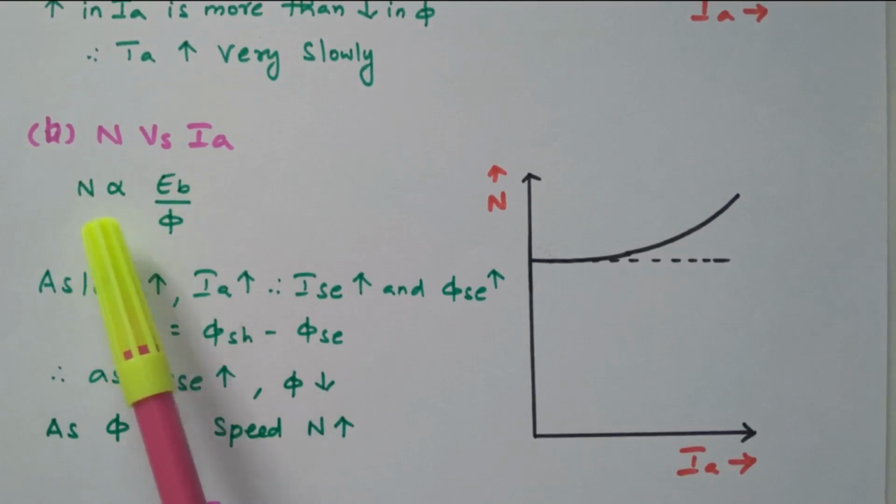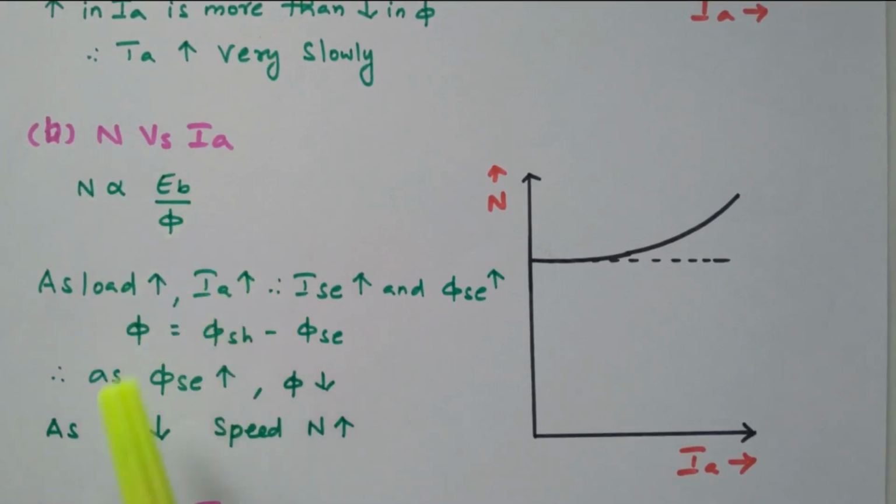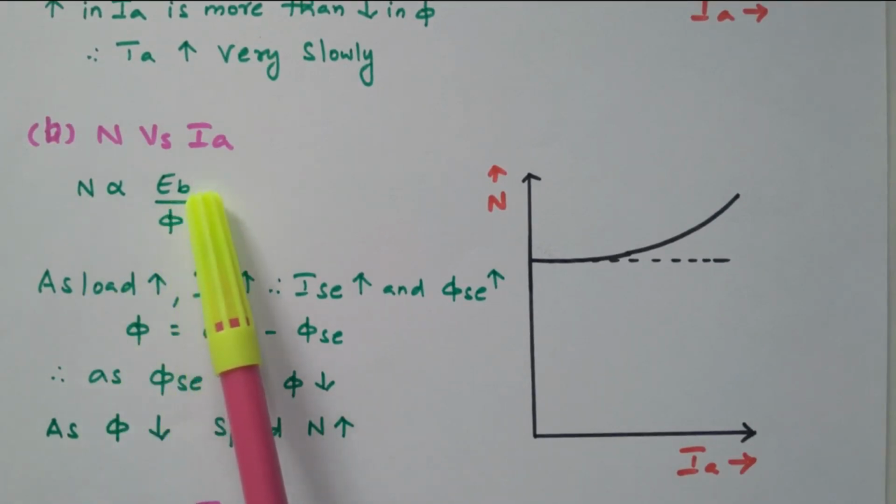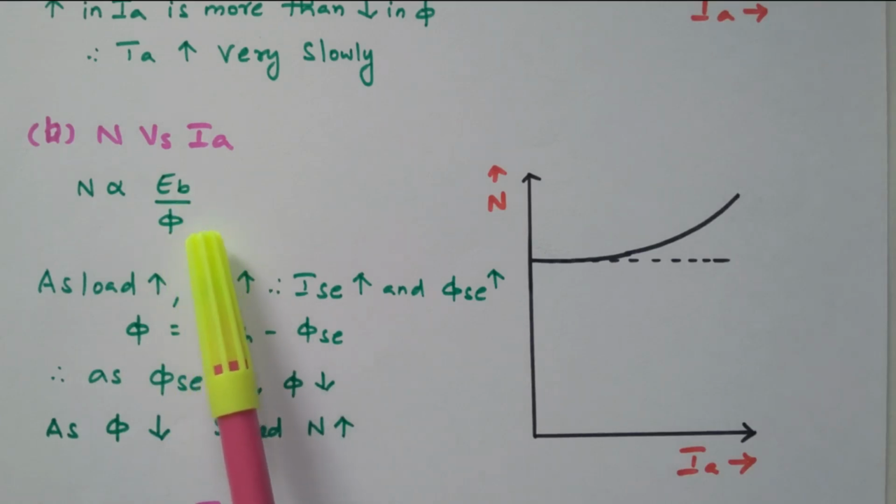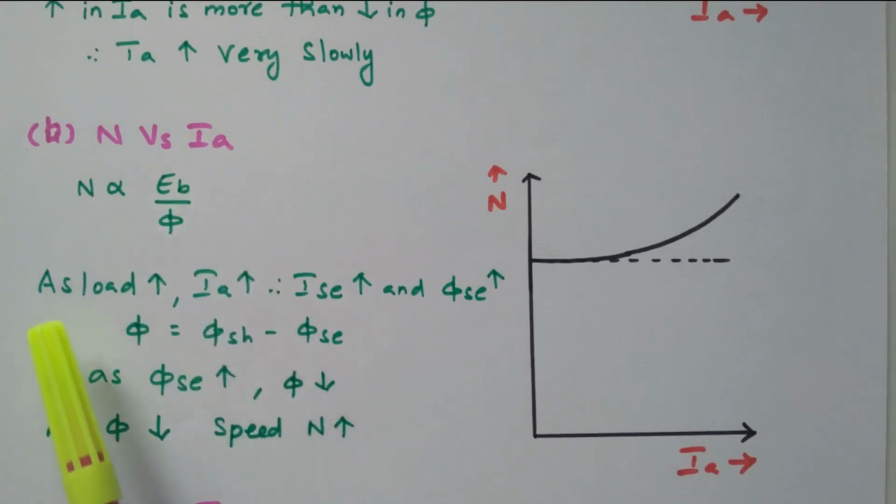We know that N is directly proportional to Eb divided by phi: directly proportional to back EMF and inversely proportional to flux. The same thing: as the load increases, armature current will increase, series field current will increase, so the series field flux also increases. But the total flux is the difference between these two, phi_sh minus phi_se.